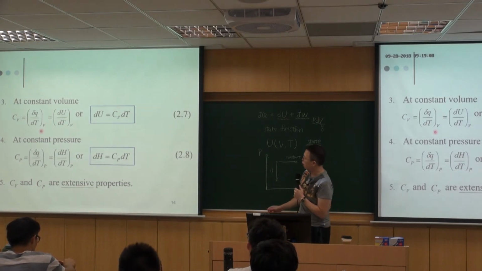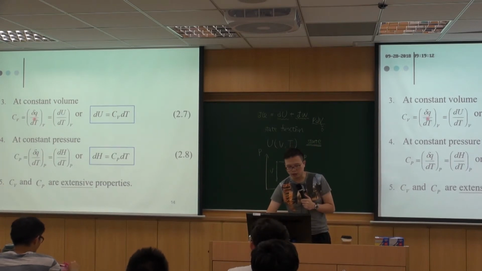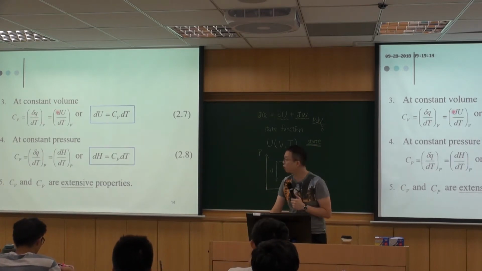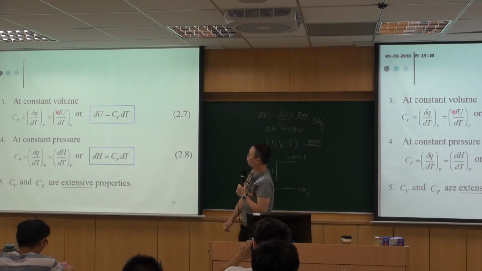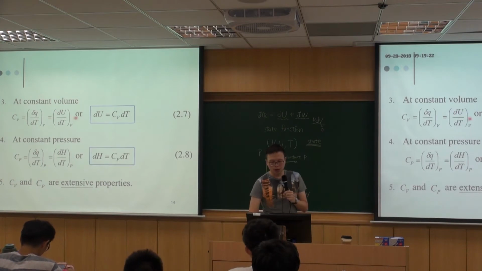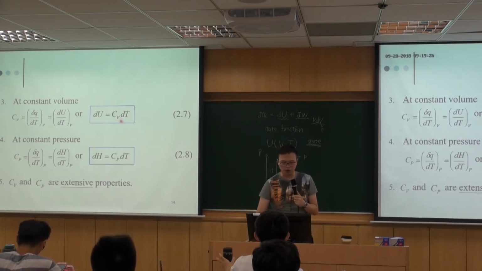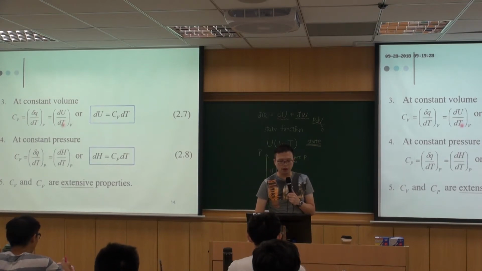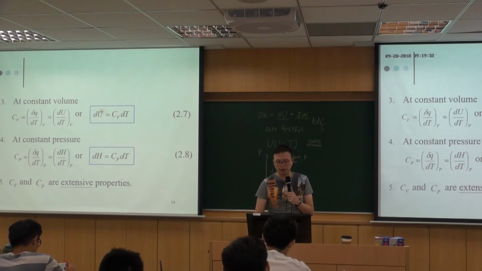So that's the reason why for the constant volume process, delta Q over delta T can be written as dU over dT. Or in return, we can also write it as dU as Cv times dT. So this is just, move dT from the bottom of the right-hand side to the left-hand side, and then rearrange that.